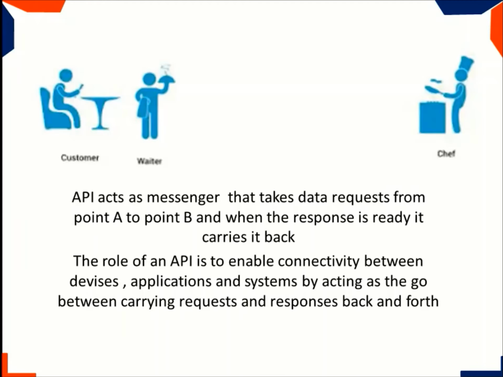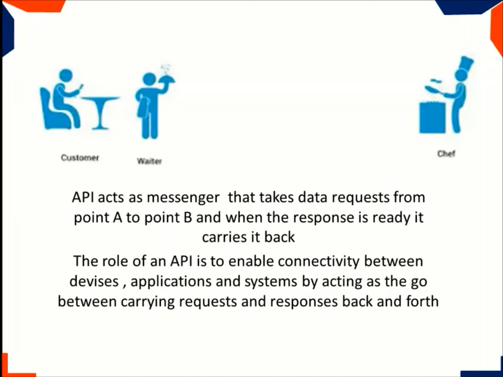So API acts as that waiter who will take the order from you, go to the concerned chef, order it, and bring back whatever the chef has prepared and deliver it to you. So from point A to point B, the messenger acts. You're going to make a request, and the API is going to take your request, go and pull the response, and give it back to you.